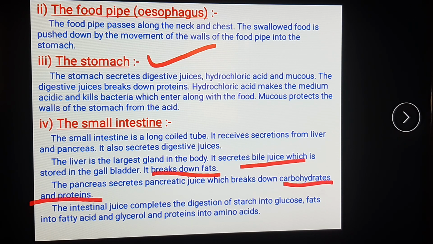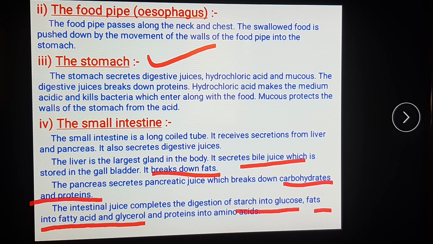So here in the small intestine, finally starch gets completely converted into glucose, fats get completely converted into fatty acid and glycerol, and protein gets converted into amino acids. So here you can see the complex food, whatever we ate or whatever an animal ate, is finally converted into simple substances. So here the digestion is completed.